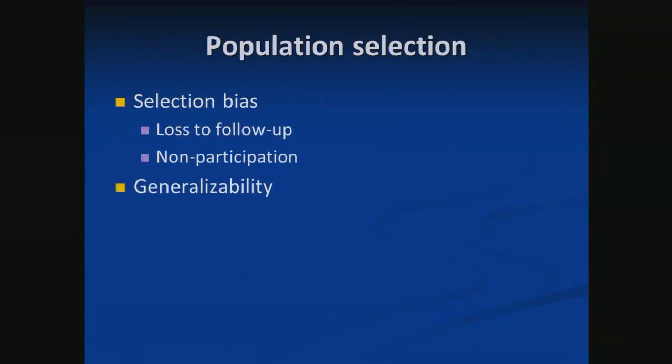Okay, so population selection. We have one major issue of selection bias. There are a number of biases that affect all studies. One major bias, a potential bias that really can affect all studies, but cohort studies are vulnerable to because they have to stick with you throughout the time period, is a loss to follow-up issue.